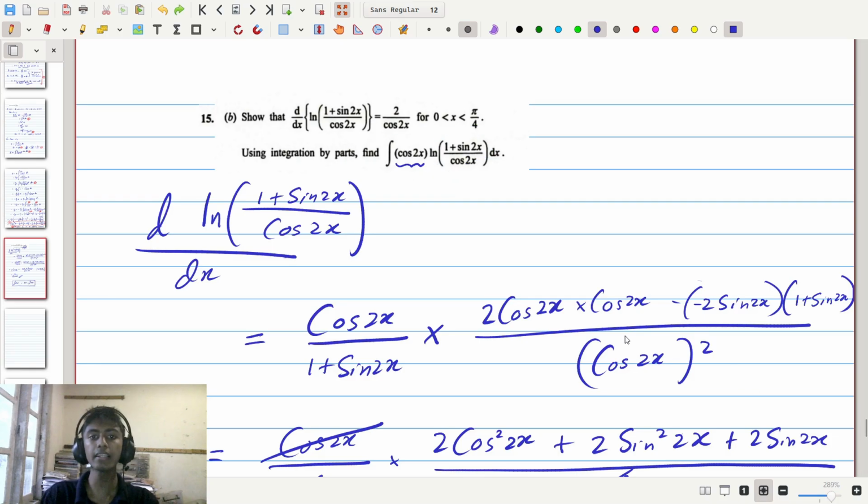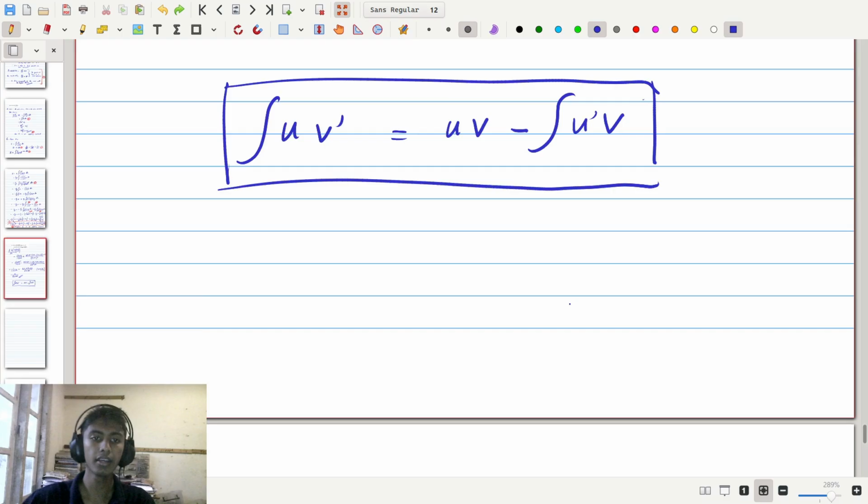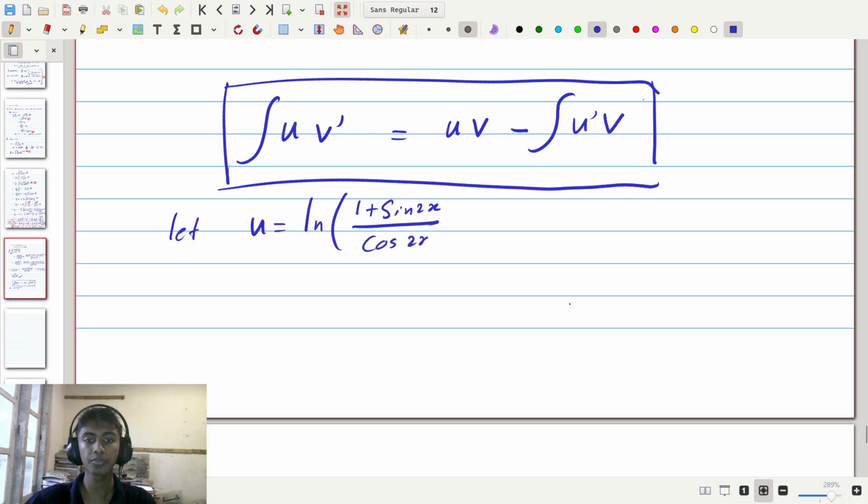So, applying this down here, we let u be the natural logarithm of (1 plus sine 2x) divided by cos 2x, and we're going to take v prime as being equal to the cosine of 2x, which is the other function.